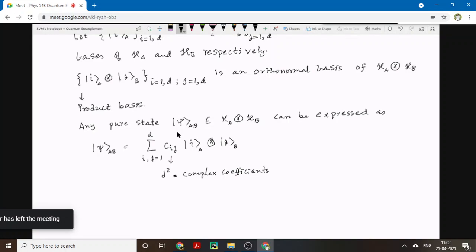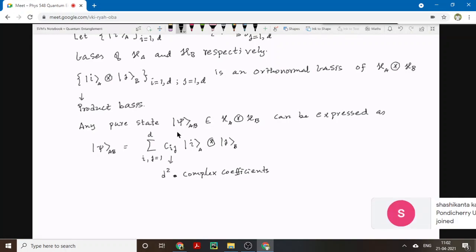Shouldn't it be d square minus 1, sir? Why? Because the d is counted twice. Because ij are different, like C21 and C12 are different, but C_dd is one, no sir? Yeah, but suppose d is equal to 3.